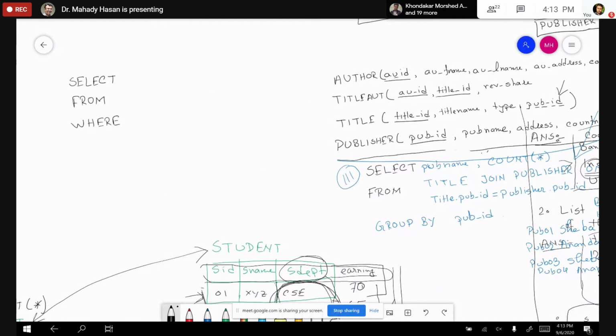We can simply say select A dot author name, comma T dot title name.